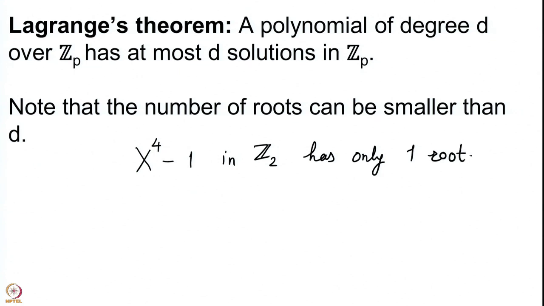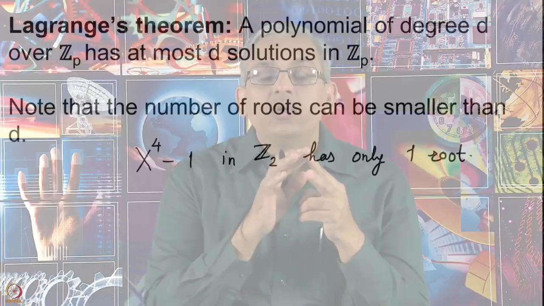But here you may say that Z2 actually has only 2 elements, 0 and 1. 0 to the 4 is 0 and 1 to the 4 is 1. So, the fact that you have only one root, which is smaller than 4, is not very striking, because Z2 alone has only elements which are smaller than 4.